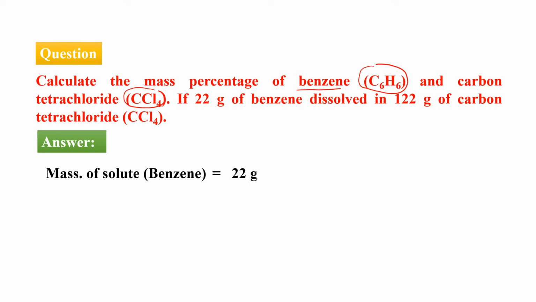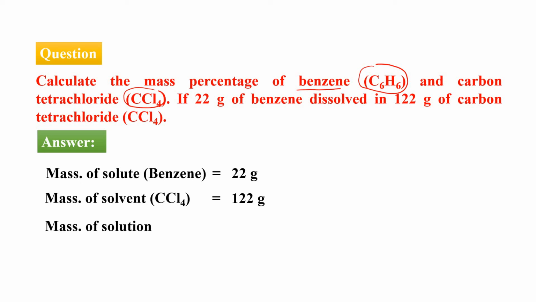We got 22 grams of benzene, and the mass of the solvent is given as 122 grams. The mass of the solution will be 22 plus 122, which is 144 grams.